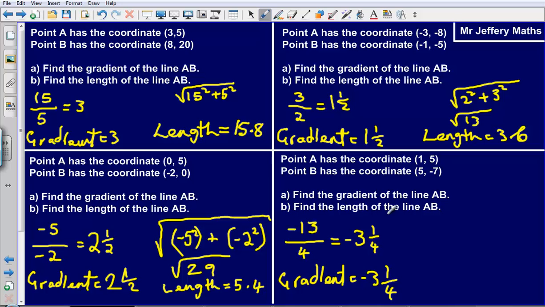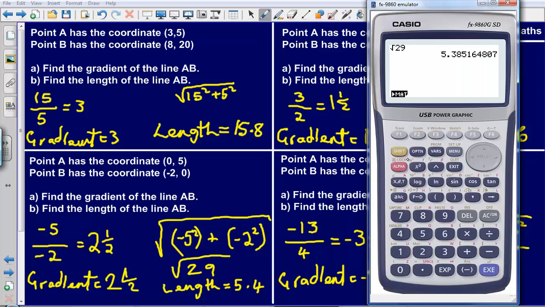And then lastly, find the length of the line AB. In this example, it's just going to be the square root of negative 13 squared. Again, just putting in brackets so that if you are plugging this straight into a calculator, you don't make any mistakes. And then plus 4 squared, and that's going to give us 185, I think.